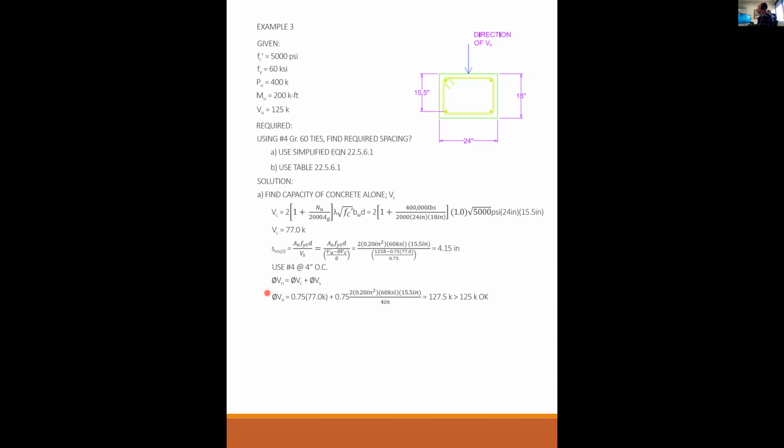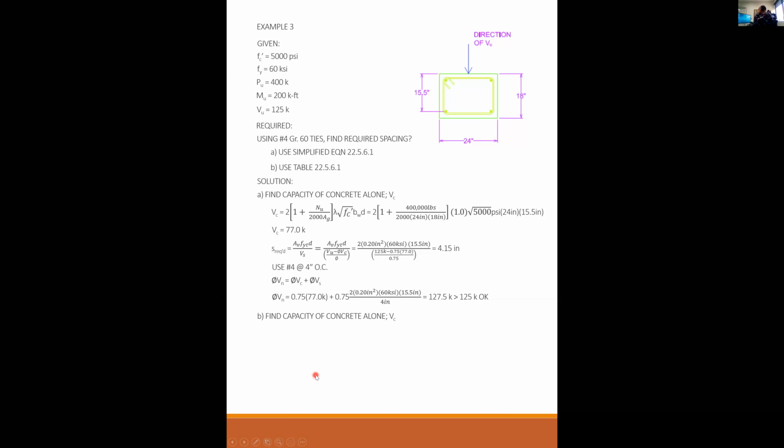You must calculate what phi Vn is based on your choice, not based on some minimum, based on your choice, and then show that your choice leads to a capacity that is greater than the demand. Again, cannot overstress this. This is the most important check right here. All of this gets you to a point where you can make a choice. Once you make a choice, you always have to check that choice to make sure that it still works.